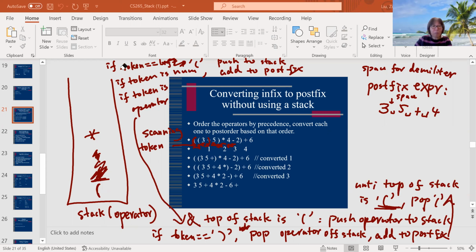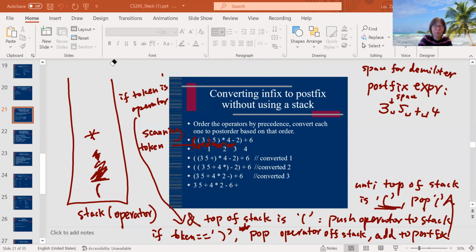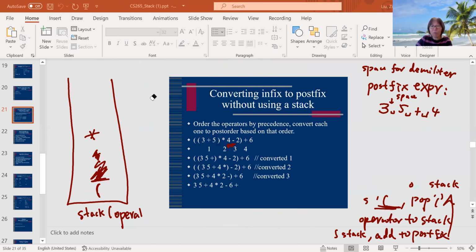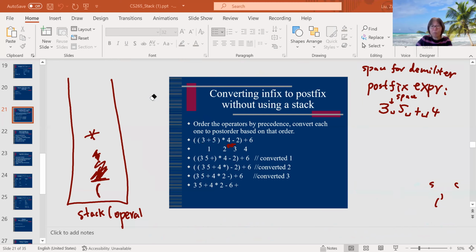So I'm going to first erase all this, because I'm not going to have enough space to write. Now I'm getting to the minus sign.